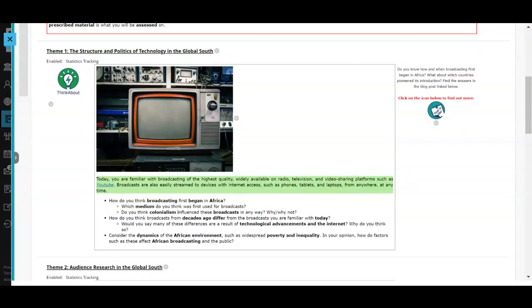So while the concepts are still the same, these technological advancements are very significant, and so is how we as a country and as a global south interact with the internet, and our bias still towards Western media as opposed to our own media.